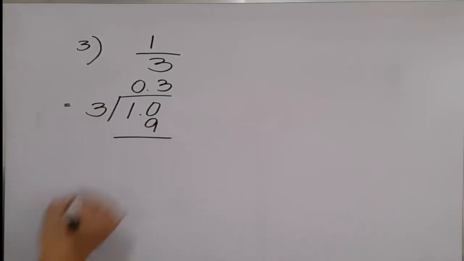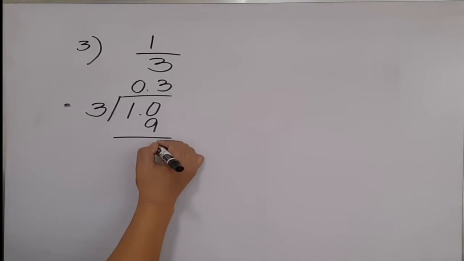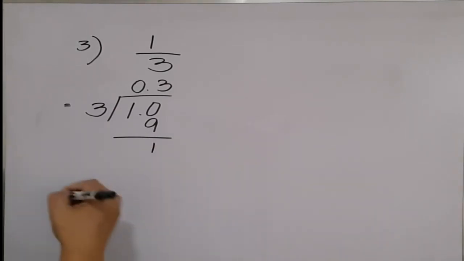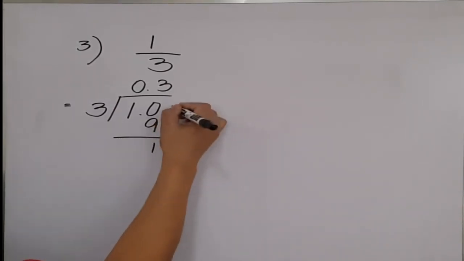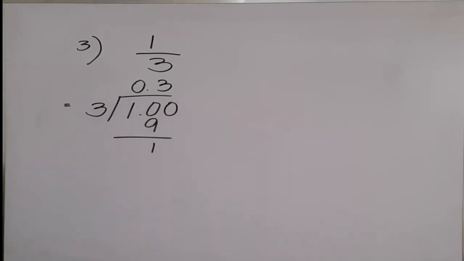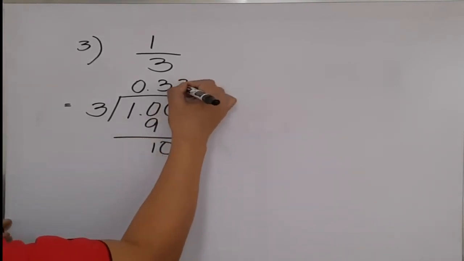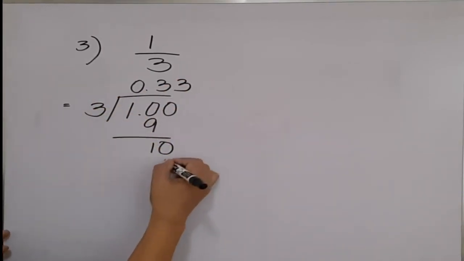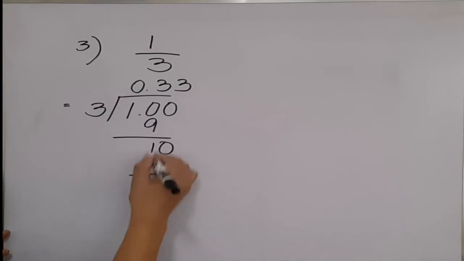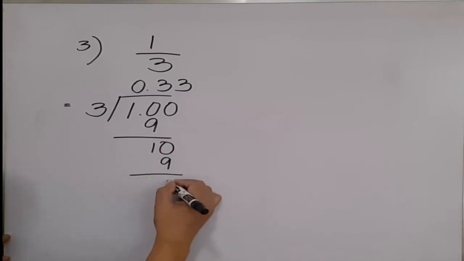And then we subtract. 10 minus 9 is 1. We still have a remainder. We add another 0. Bring down 0. 10 divided by 3 is 3. 3 times 3 is 9. We subtract. 10 minus 9 is 1.